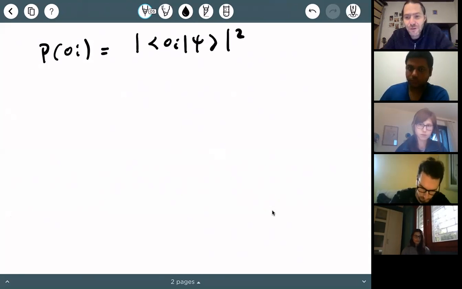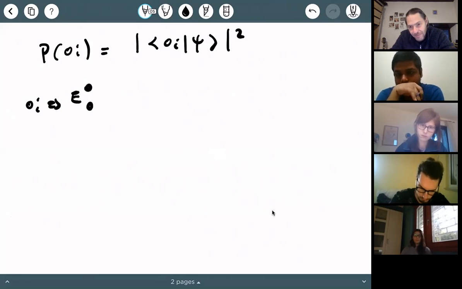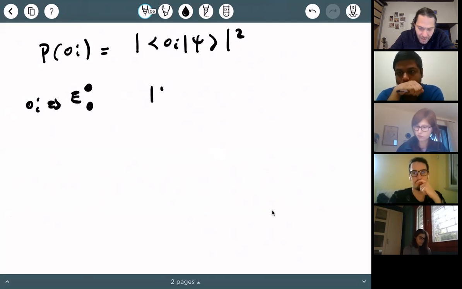Now, all we have to do is to fit in the right things. So the eigenvalue is now the ground state energy of the box Hamiltonian. The corresponding state is psi naught, the ground state of the box Hamiltonian.